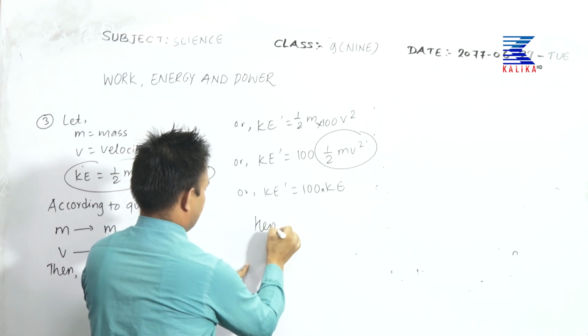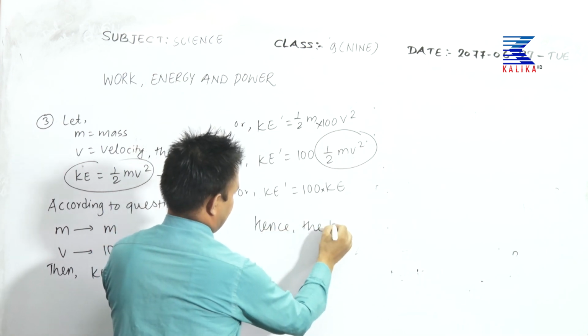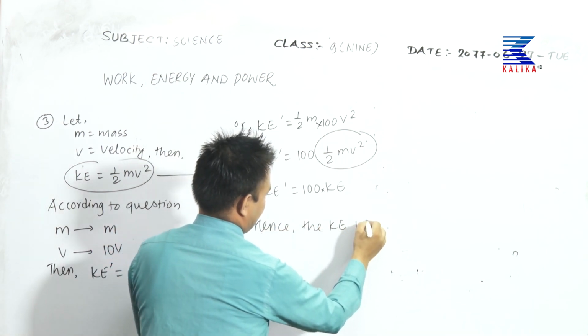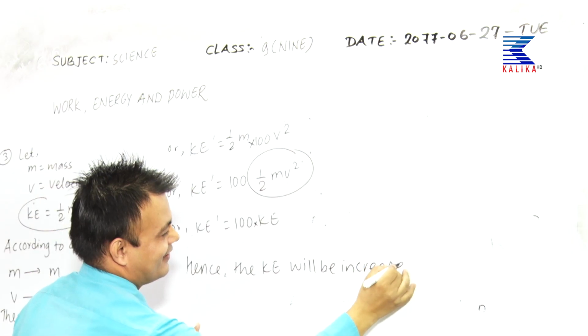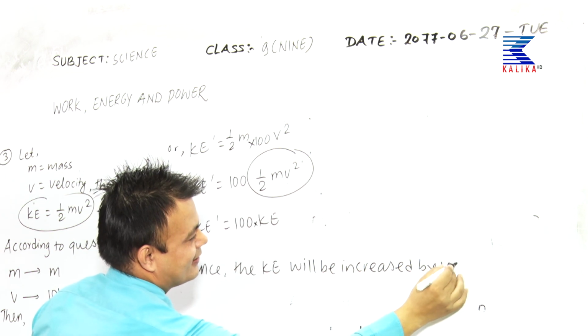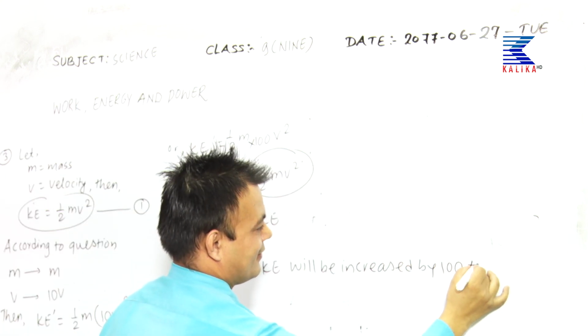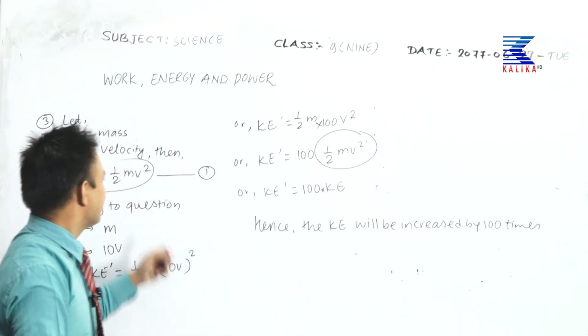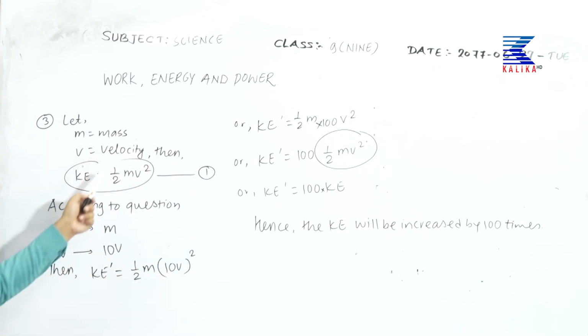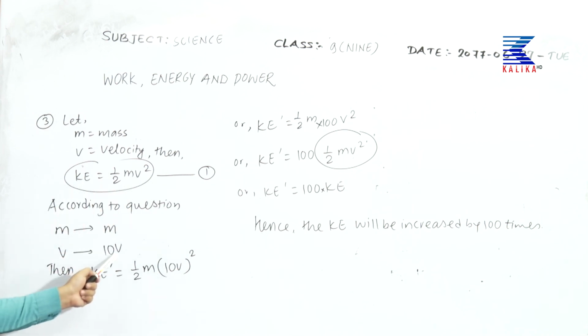Hence, the KE will be increased by 100 times. That's all. So I think you understood. KE equals 1 by 2 mv square. The mass is constant and velocity is made 10 times.